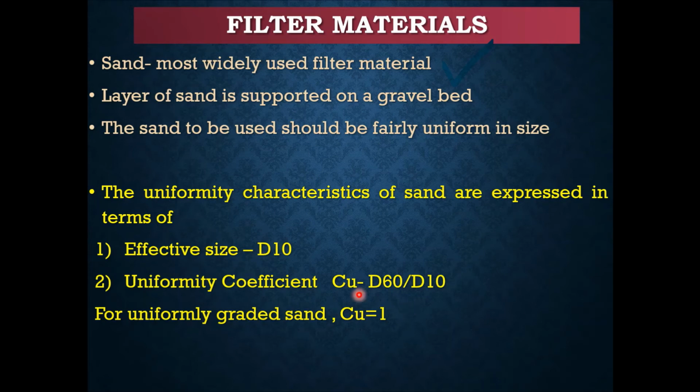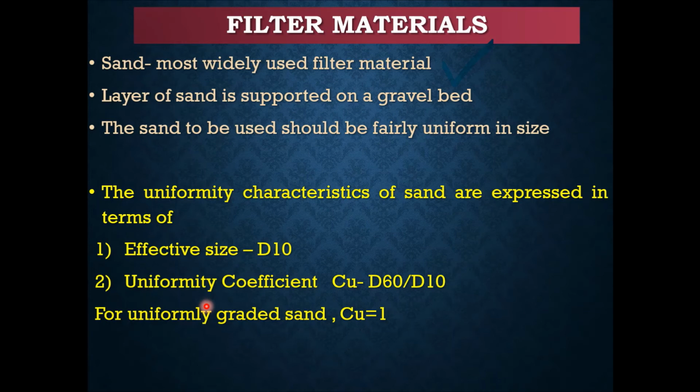and second is the uniformity coefficient, with the formula Cu equals D60 divided by D10. D10 is the effective size of the sand, the size below which 10% of the sand is finer. D60 is the size below which 60% of the sand is finer, and these we get after the sieve analysis. When we divide D60 by D10, we get the uniformity coefficient.